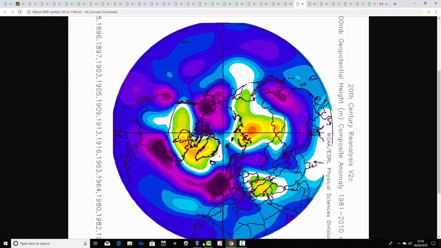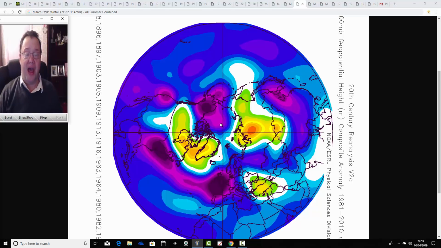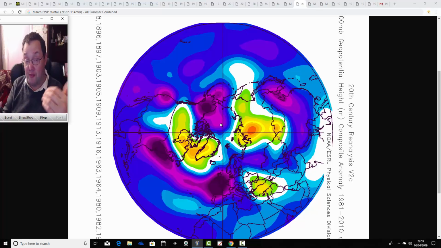And that follows on from last week, where the March CET data was not particularly inspiring either. That's generally quite poor. So I think when we put the CET data for March with the precipitation data, we have to say that March really hasn't done us any favours in terms of getting a warm and dry summer.